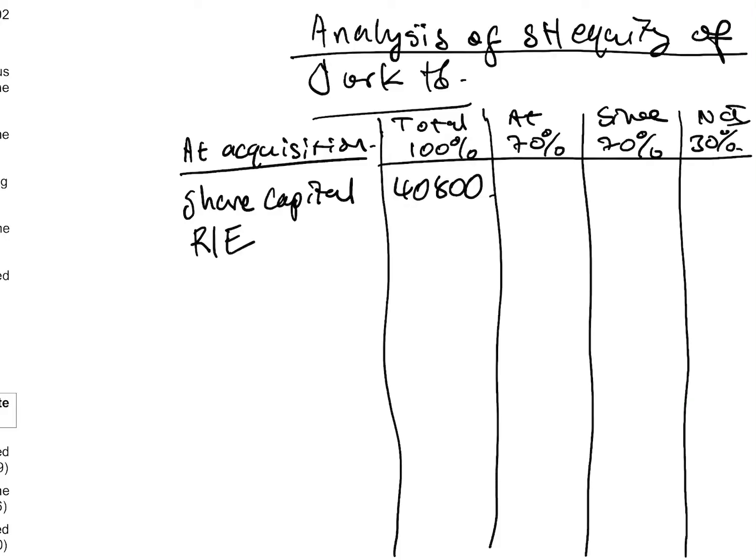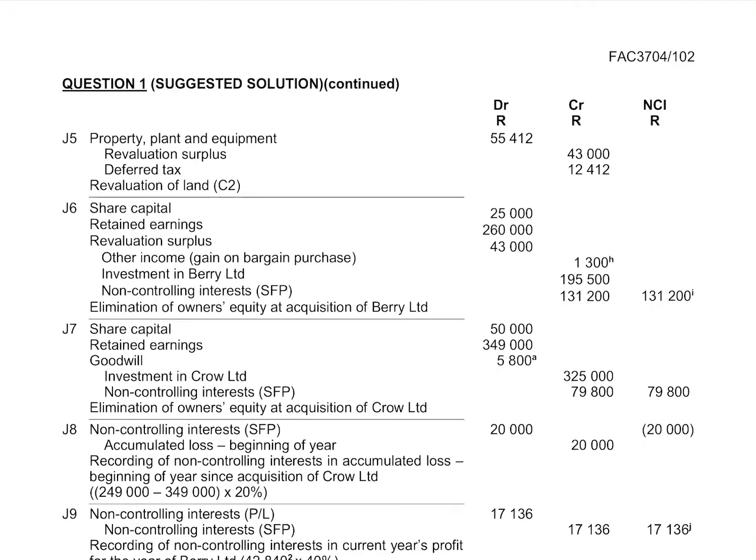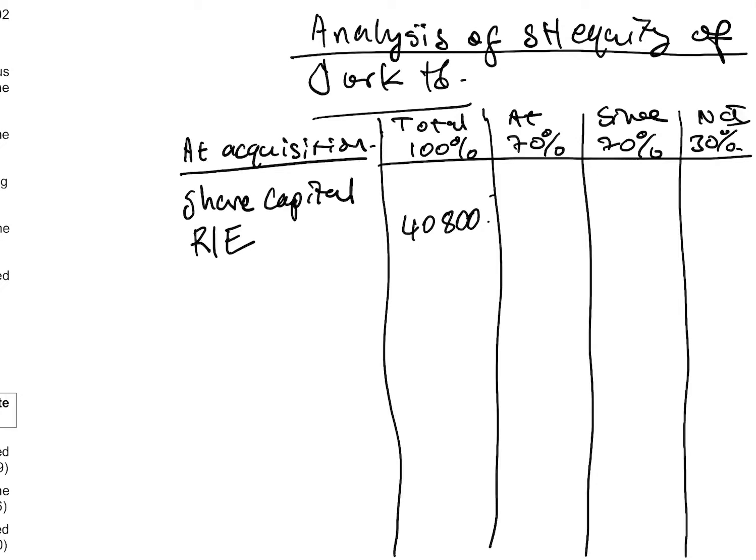So I put a wrong figure there. So it will be 40,800. Then my share capital for York. Share capital for York is 24,000. So you put your 24,000.